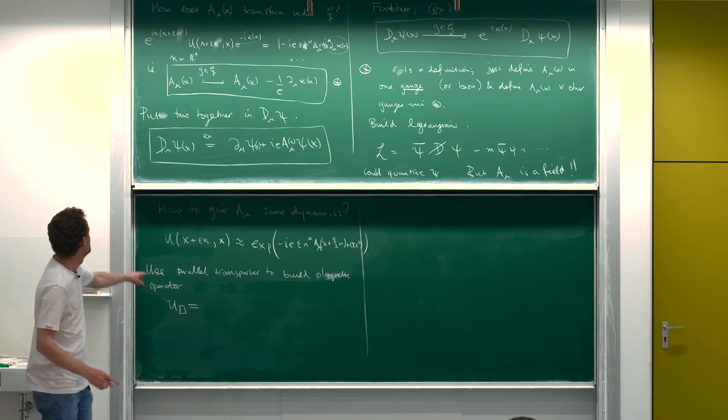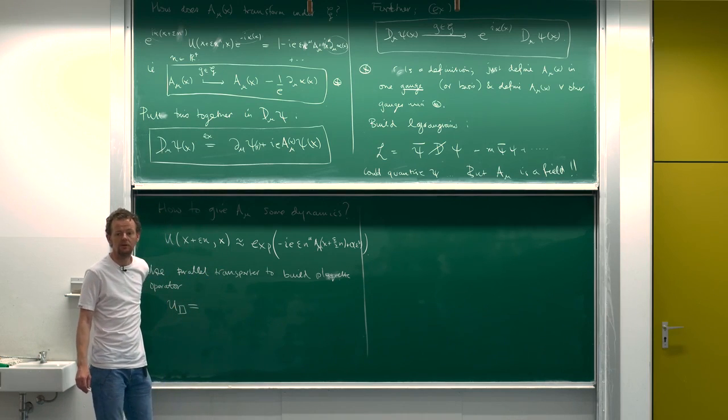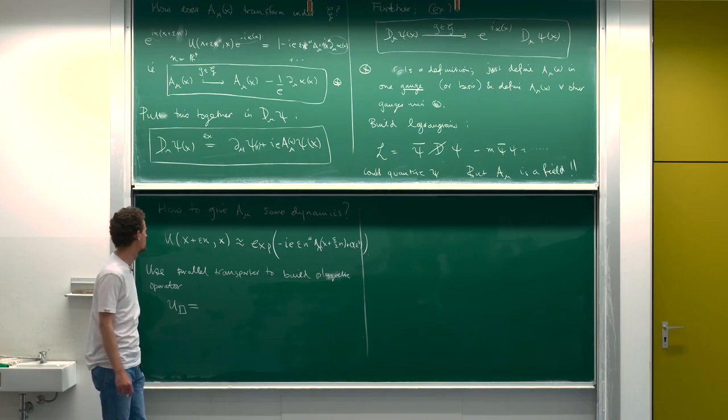We're going to use this object in a clever way to build something that is gauge invariant, that doesn't even change under gauge transformations.